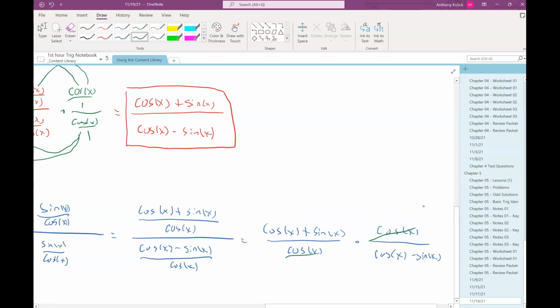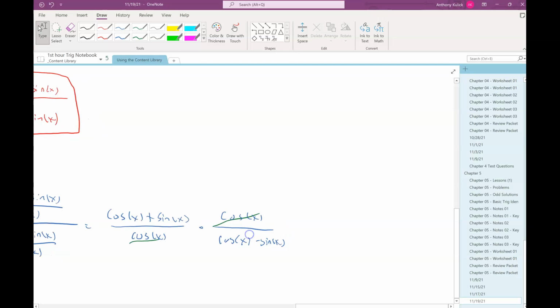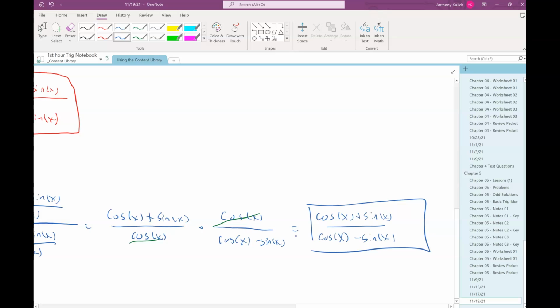So the cosines can cancel because it's a multiplication problem now. And we're left with then just cosine x plus sine x over cosine x minus sine x, which is the same thing that we had above, just with a few more steps.